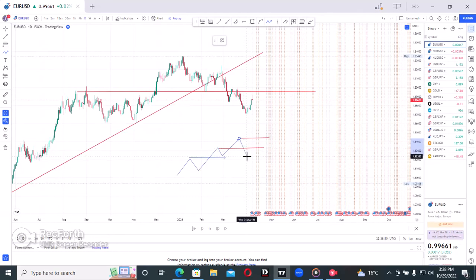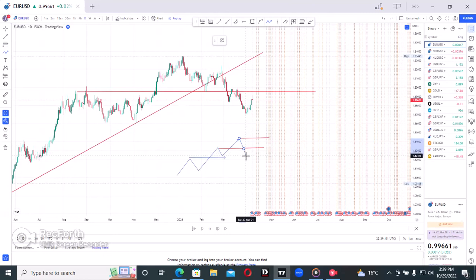If this market breaks below, I can still look for the buy positions, but this is the alert that this market can now move in the down direction. Once this market comes to this level and then breaks above, I'm going to expect that this market is still moving in the uptrend.